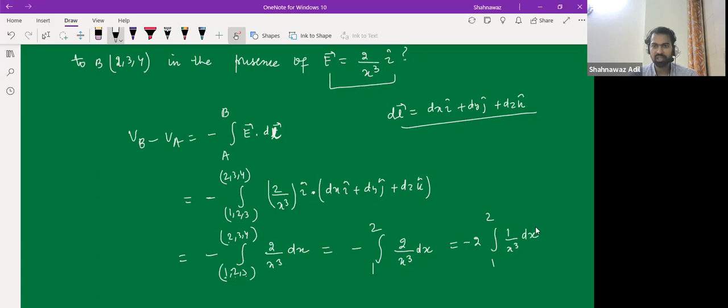So what would be the integral of 1 over x cube? You guys tell me, what is the answer? Aisha and Rabia, what is the integral of 1 over x cube? Okay, let me remind you again, guys, that the integral of x to the n is x to the n plus 1 divided by n plus 1.